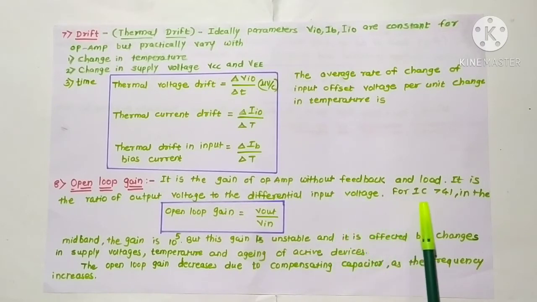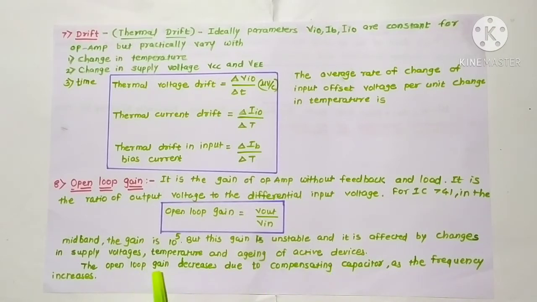For IC 741 in the mid band, this gain is about 10 raised to 5. This gain has no unit. But this gain is unstable and it is affected by changes in supply voltage, temperature, and aging of active devices.